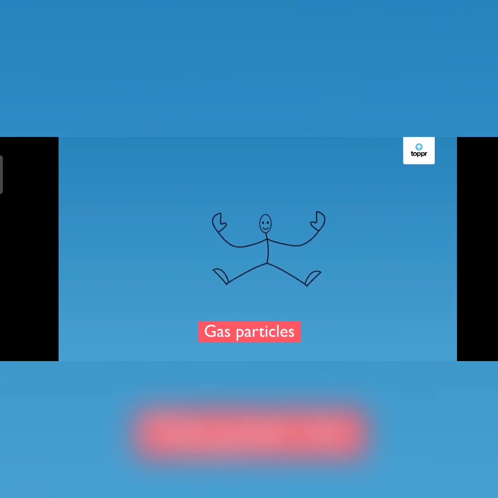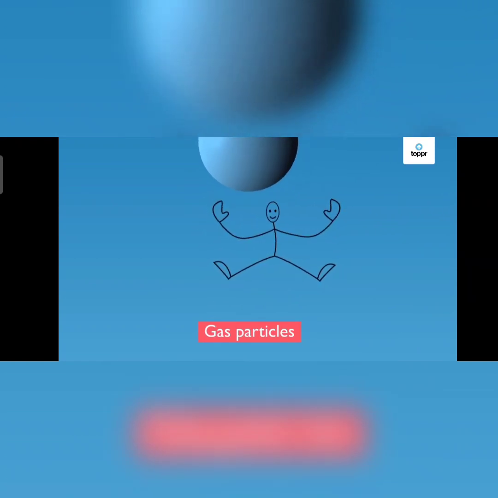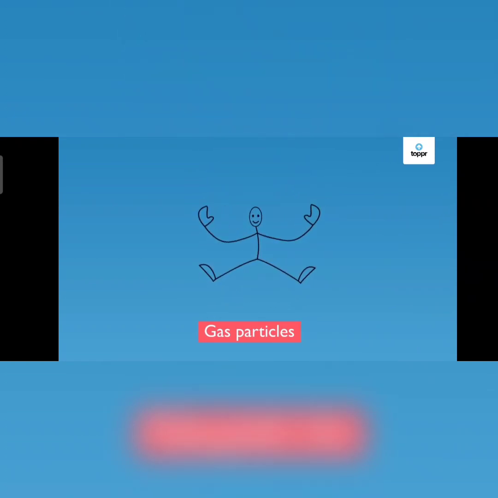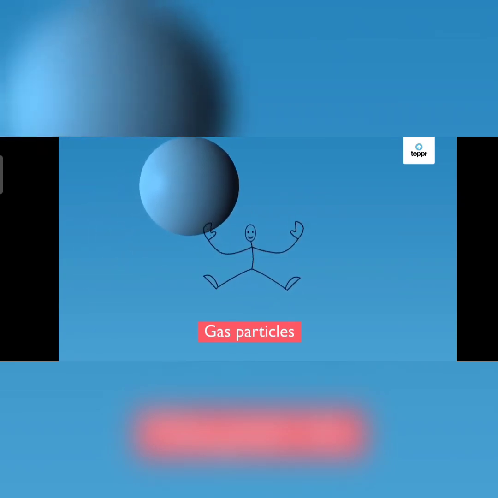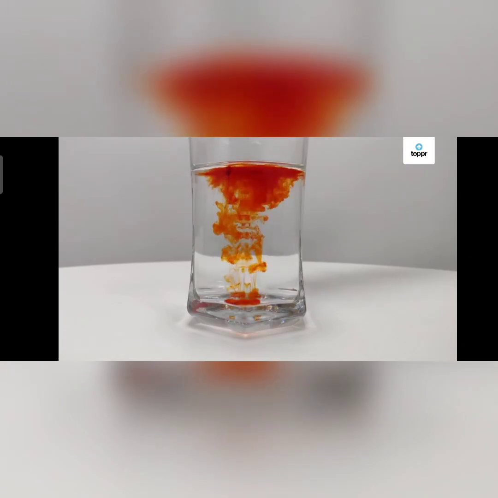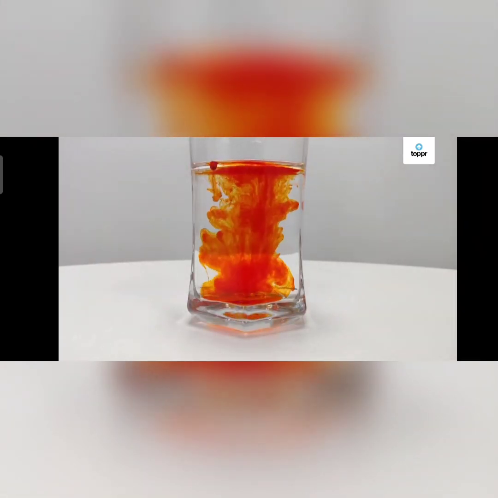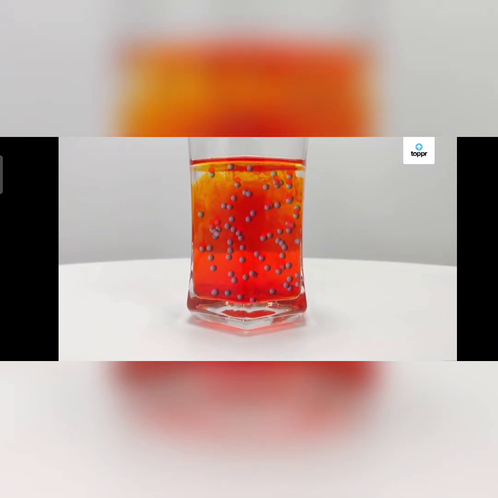But do you think these particles are still? It is actually as chaotic as our life. To make it clearer, let us play around a little here. Let us take a tumbler with water and add some food color to it. What do you see? The entire water is colored now. This wouldn't have happened if the particles of water were still.